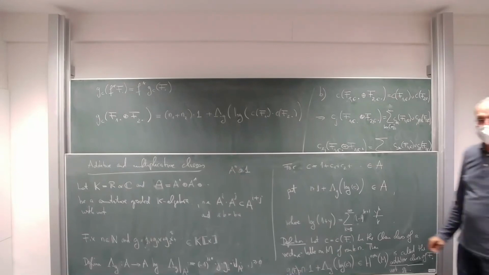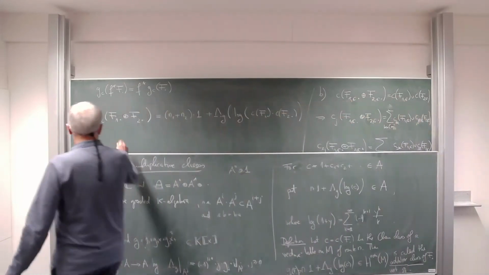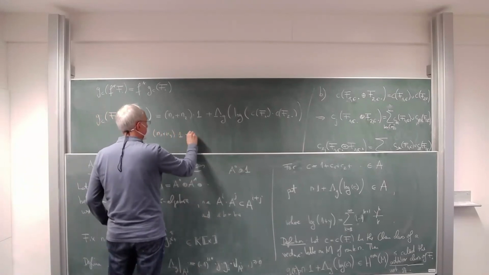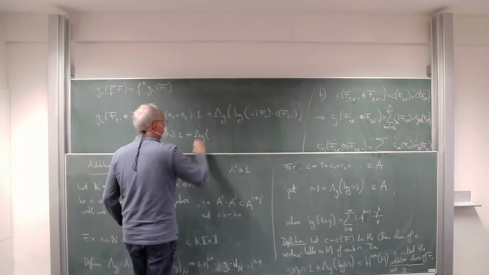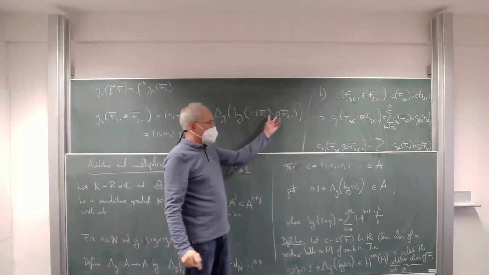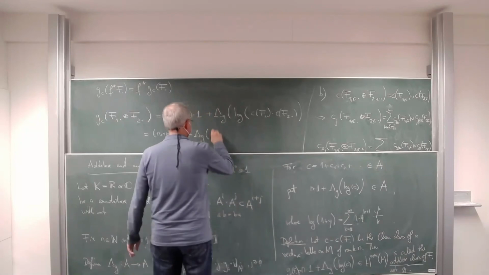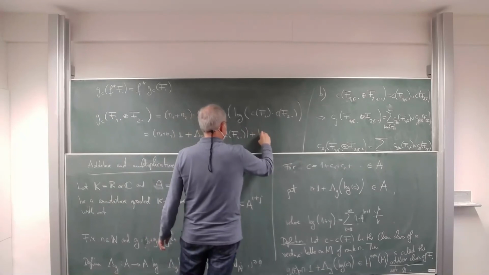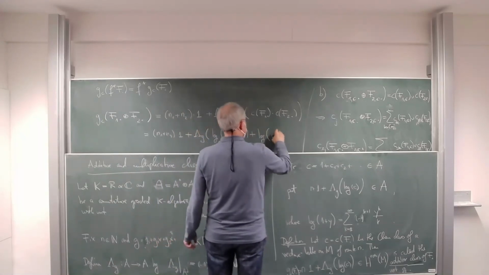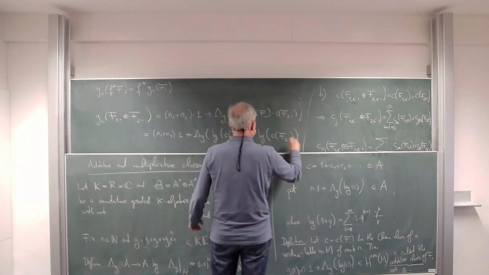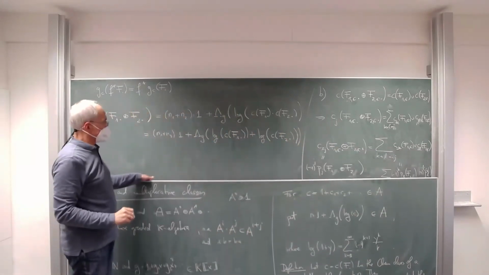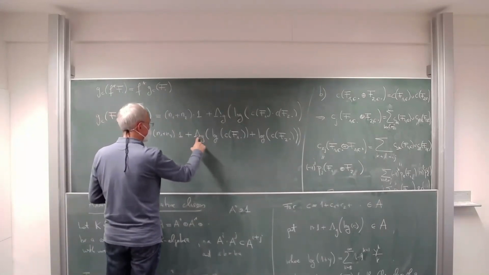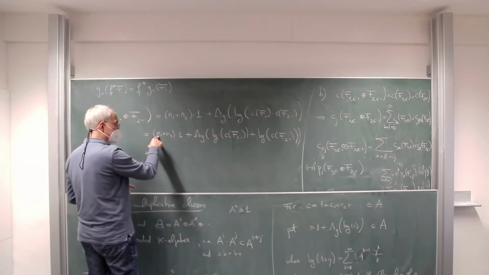And now we use the properties of logarithm, which tells me that I have n1 plus n2 times 1 plus lambda, and this logarithm turns products into sums. Now this lambda is linear, so we can take the lambda to the first thing and combine this with n1.